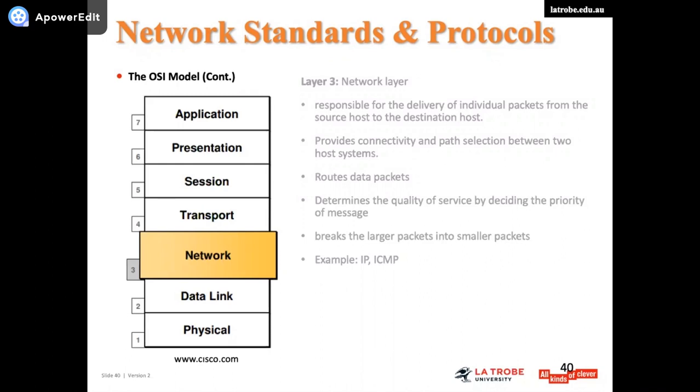Then the network layer determines the quality of service by deciding the priority of the message. Quality of service, which we also call QoS, is also very important for our networks, because different messages and different services may have different priorities and different requirements of the network. For example, our email system. The email message doesn't have a very high requirement of time.